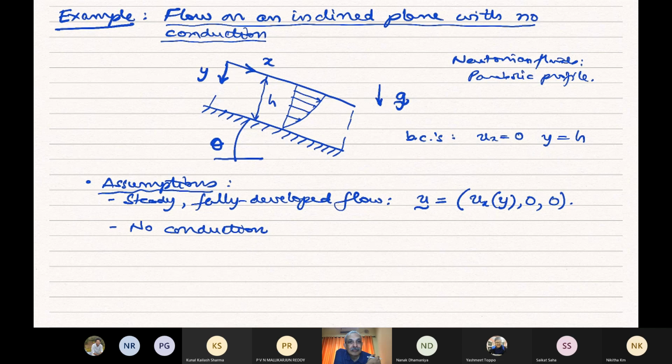Velocity u. No, think again. I don't know what is the velocity. So you imagine there's a plate, I'm pouring some water on the plate. I don't know what is the velocity. I want to calculate the velocity at the free surface. So what should be the boundary condition? So, if you look over here, what condition is satisfied?